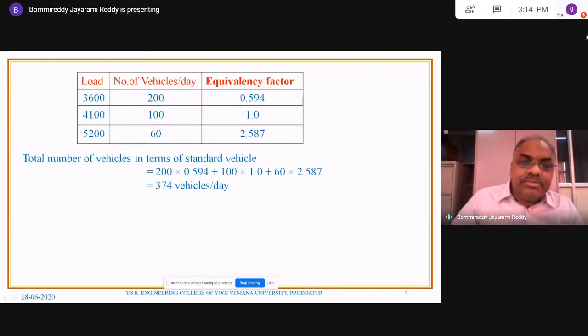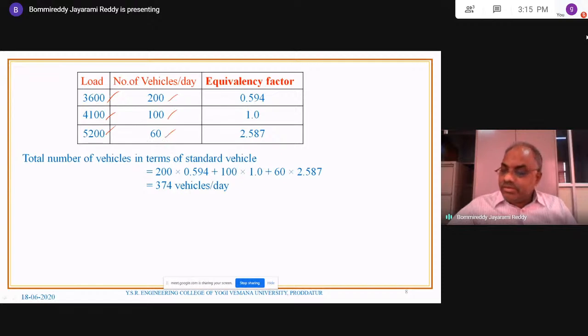Now, sometimes on a highway, different axle loads are passing. Let us assume 3,600 kg wheel loads, 200 numbers per day; 4,100 kg wheel loads, 100 numbers; 5,200 kg wheel loads, 60 numbers.